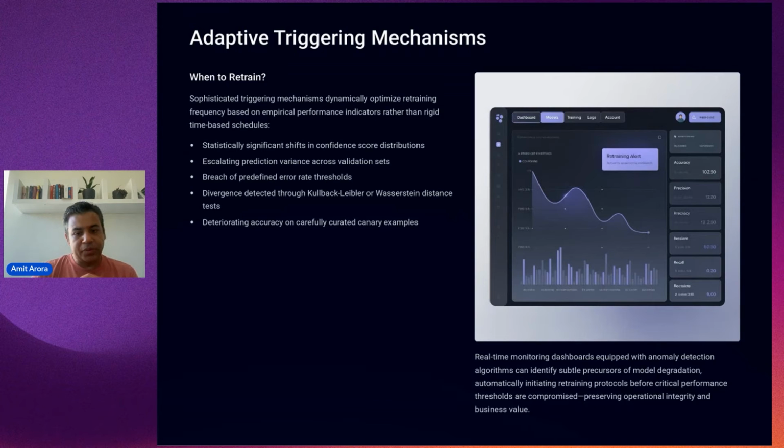You can look into those as well, right? So these adaptive triggers ensure that retraining happens before performance collapse, not after. It gives you a real signal of when to retrain your model versus guessing. It takes the guesswork out of when to retrain your model.